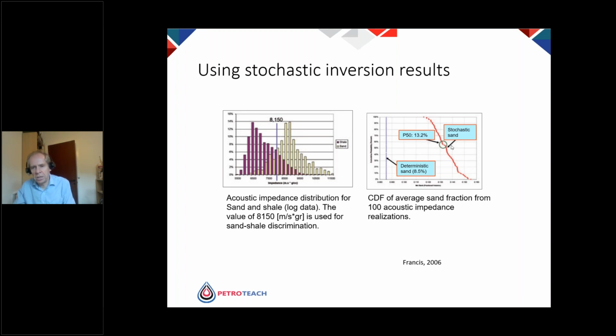My stochastic mean value, my P50, is what I get from my deterministic inversion. But I now get a range of values, and I can use that range to get some idea of uncertainty, and that's very useful to the engineers.